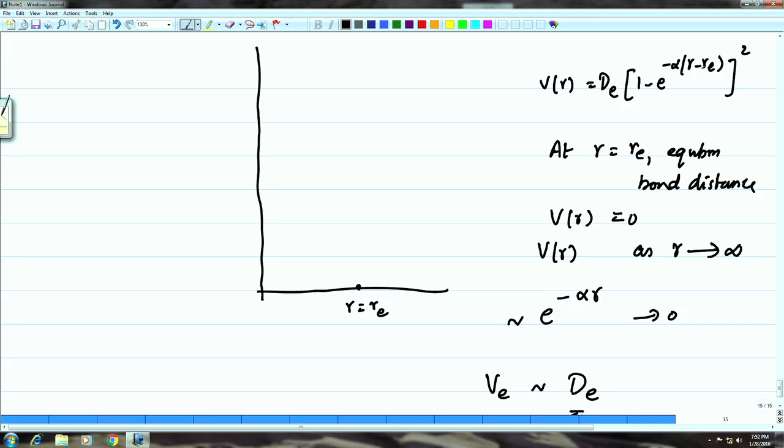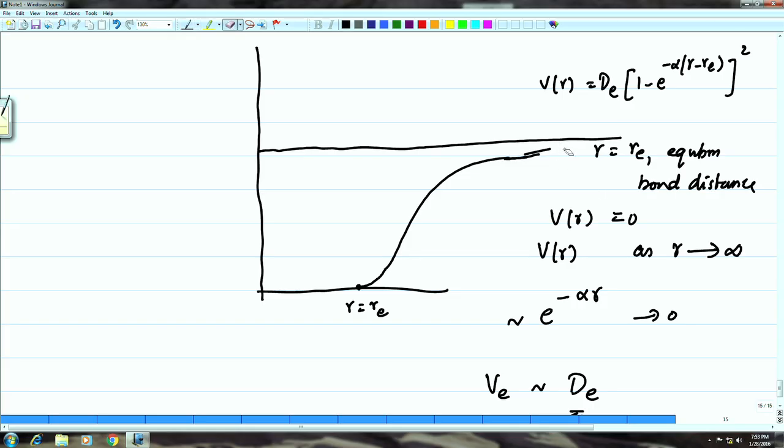Therefore, as r is slightly different from R_e, this whole graph sort of goes up, and eventually it reaches a plateau, and the value which does not change for very large values of r is the asymptotic value. This graph reaches the asymptotic value, and that value is D_e.